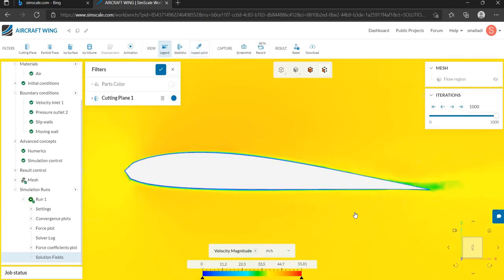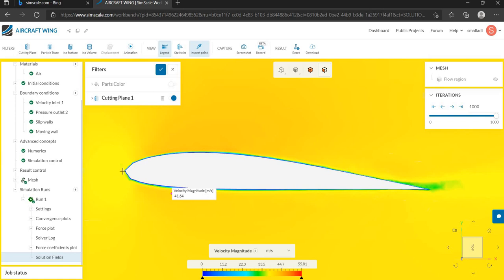Due to negative pressure coefficient resulting in suction force on the upper surface of the airfoil, the air flows with high velocity on the upper surface compared to the lower surface of the airfoil. Here you can see the velocity magnitude on the upper surface of the airfoil is 42.37 meter per second, and the velocity magnitude at the lower surface of the airfoil is less, that is 41.64 meter per second.